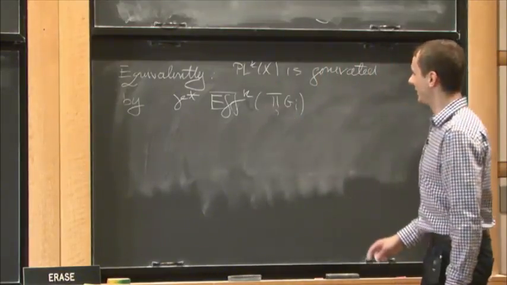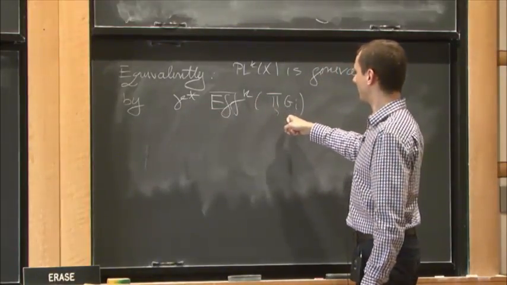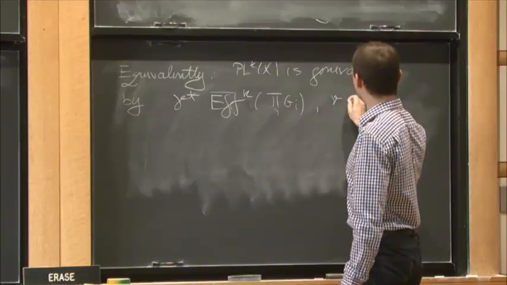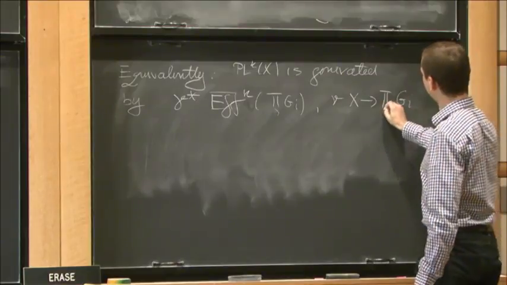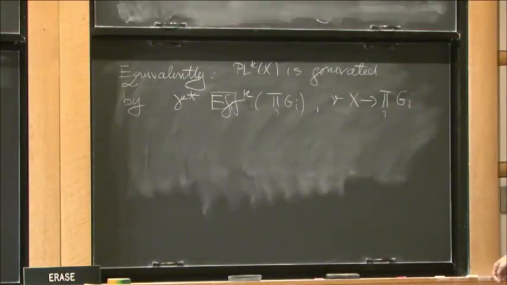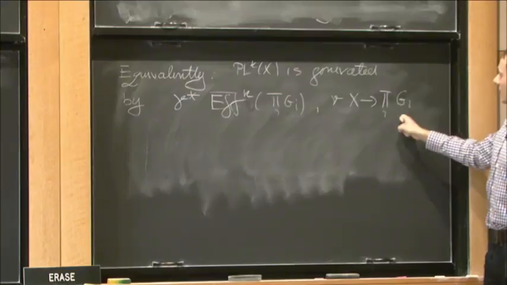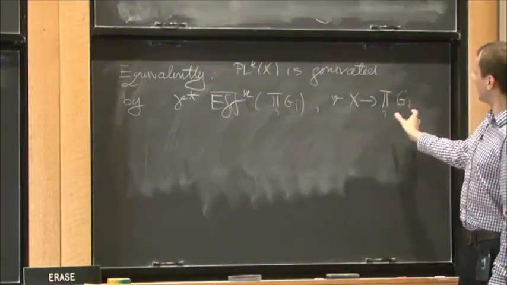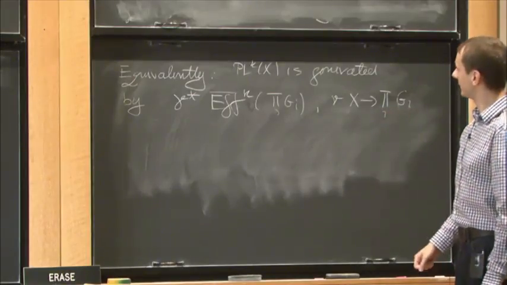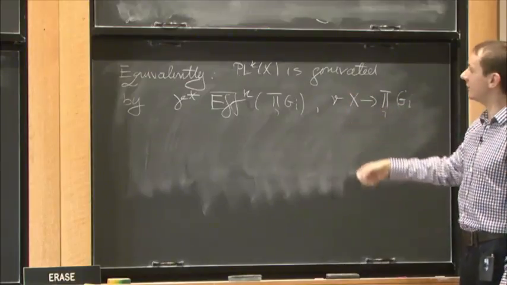The Pliant cone is the closed cone generated by pulling back effective classes under gamma, where gamma ranges through morphisms from X to products of Grassmannian varieties, finitely many Grassmannians. Schubert cycles are Schur classes of the tautological quotient bundle on each factor, and when I pull back monomials, I want to look at products of Grassmannians. And these maps gamma will be Gauss maps constructed from globally generated vector bundles.